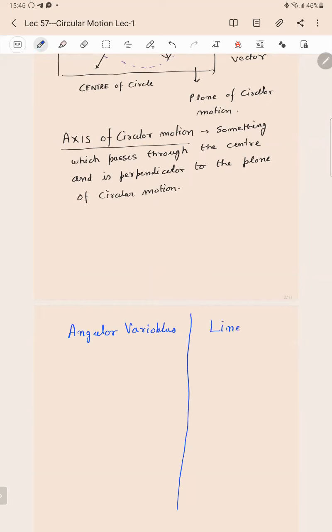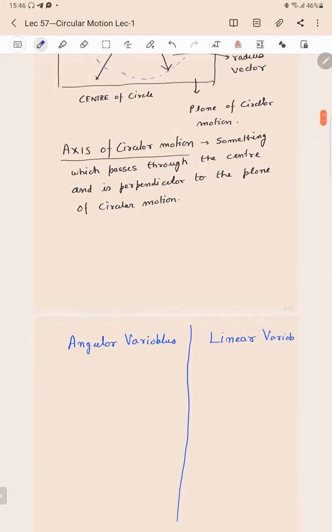So इनमें अगर आप एक सिमिलैरिटी देख पाते हो तो आपको याद रखना बड़ा इजी हो जाता है. देखो लीनियर वेरिएबल्स, अब जैसे लीनियर वेरिएबल में s होता है, this is displacement. Then you have theta over here in angular variable, and this is called angular displacement. Angular displacement.